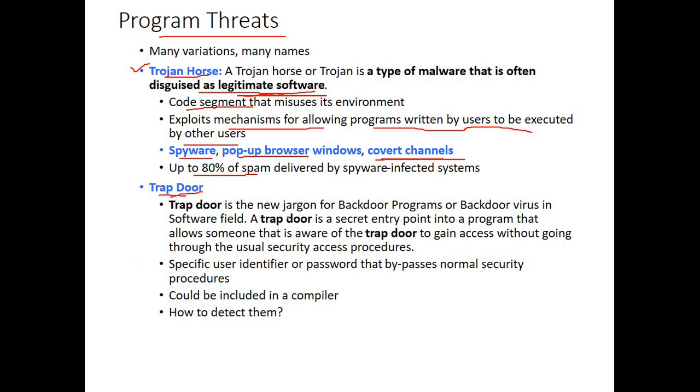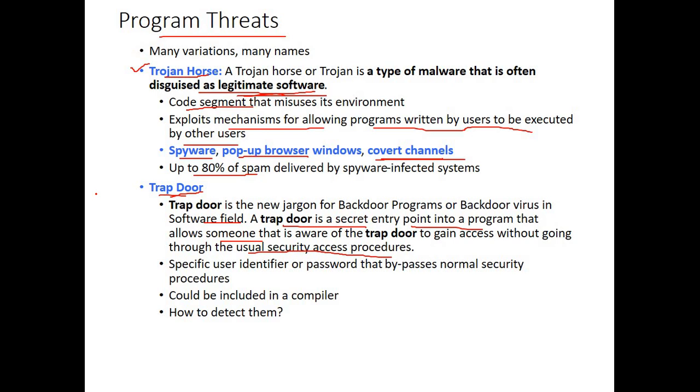Trapdoor. Trapdoor is a newer jargon for backdoor programs or backdoor viruses in the software field. A trapdoor is a secret entry point into the program that allows someone who is aware of the trapdoor to gain access without going through the user security access procedures. Generally, when we want to access our system, we have some PIN, and we use that PIN to enter our system.